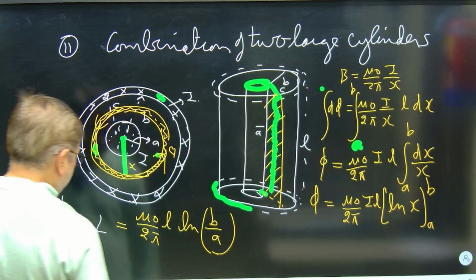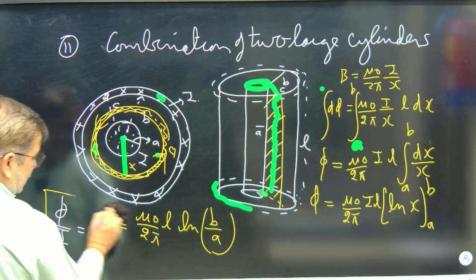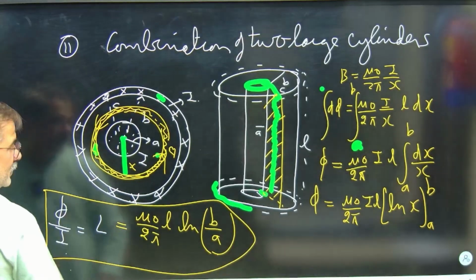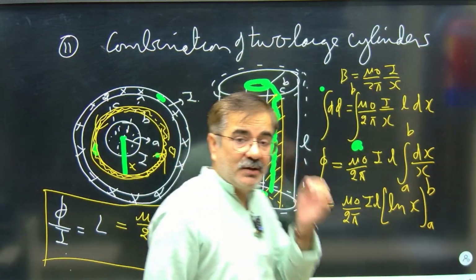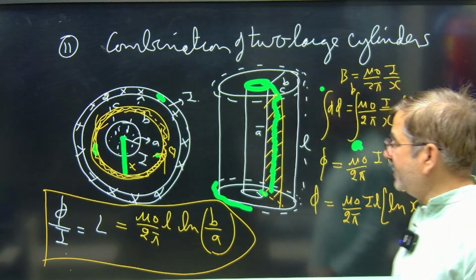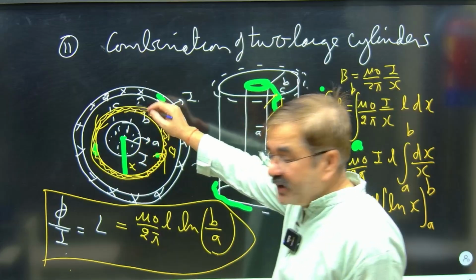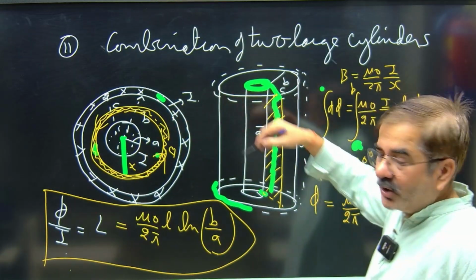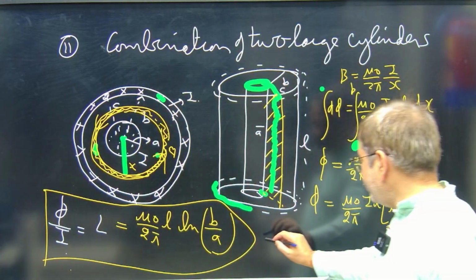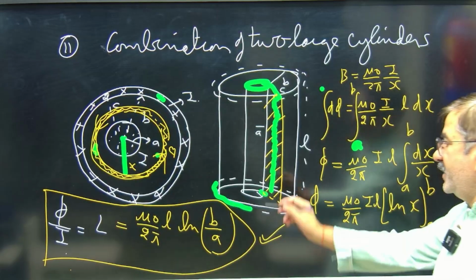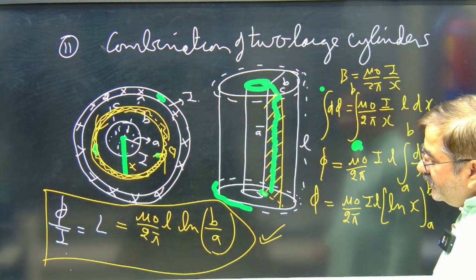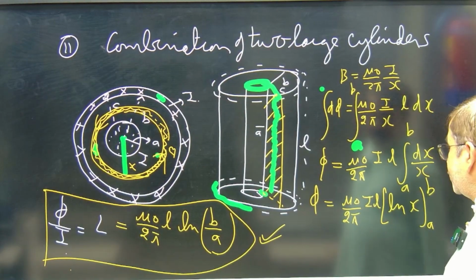This is the value of self inductance of these two arrangements of cylinders, and energy will be distributed in the hollow space between the two cylinders. This I have defined with the equation phi by I, that is self inductance, correct?